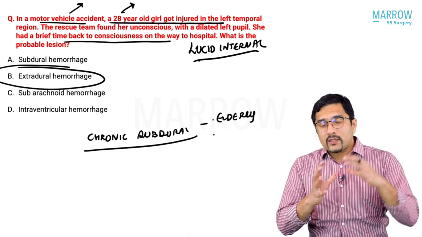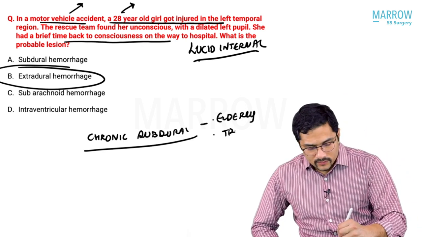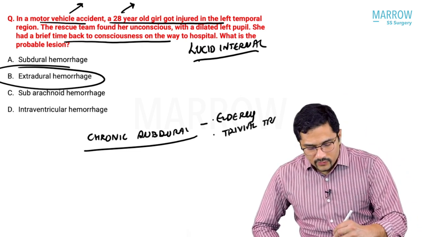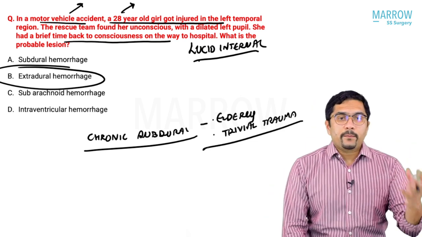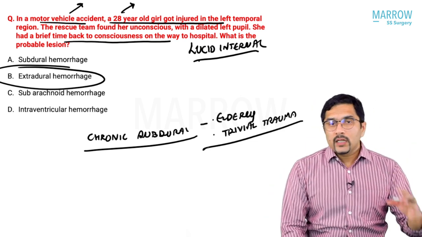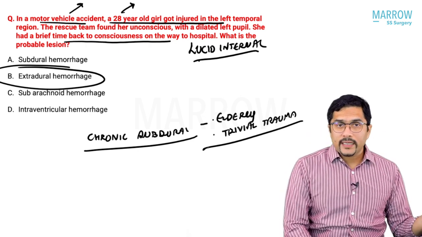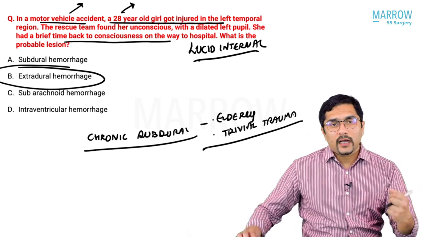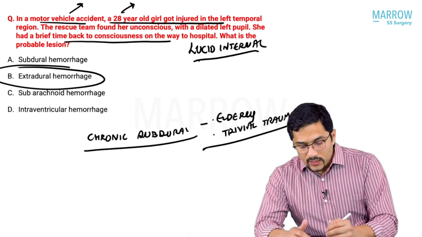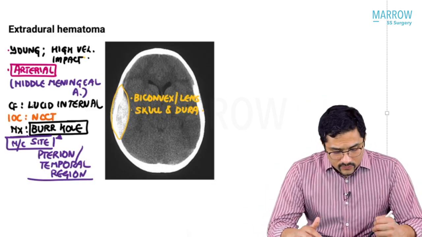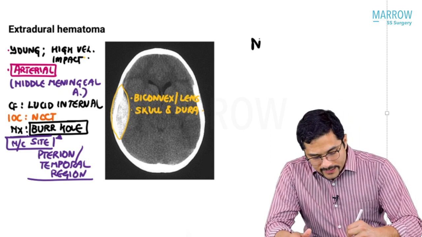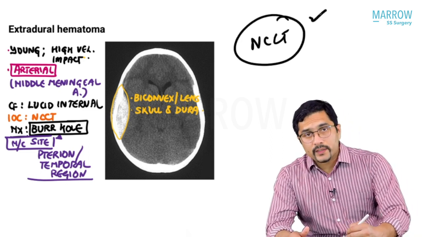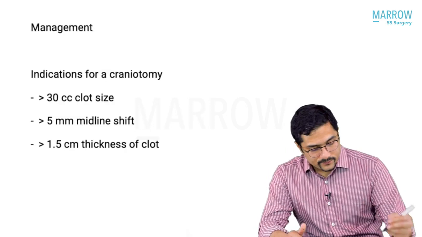The patient will have trivial trauma, and after a few days to weeks, the patient will lose consciousness, right? As compared to EDH, where there is a young patient, high velocity impact, and usually a lucid interval. You can see a biconvex hemorrhage when you do an NCCT. NCCT is the investigation of choice in patients with head trauma.